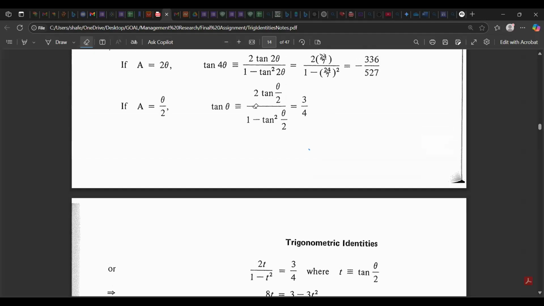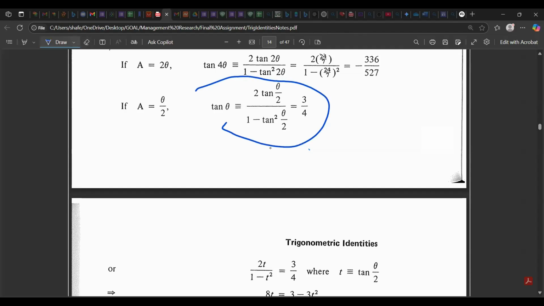So doing that replacement, look here. This is the original thing up here. See how this is here. We are letting tan theta upon 2 be the little t. So this becomes 2t over 1 minus t squared equals 3/4.